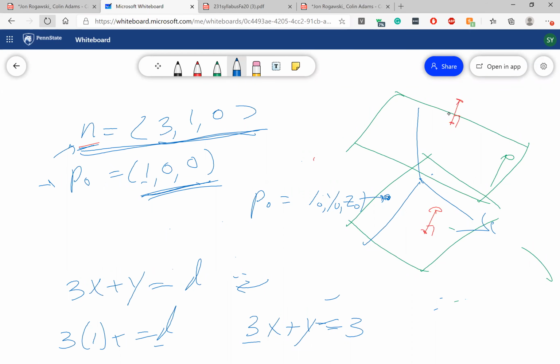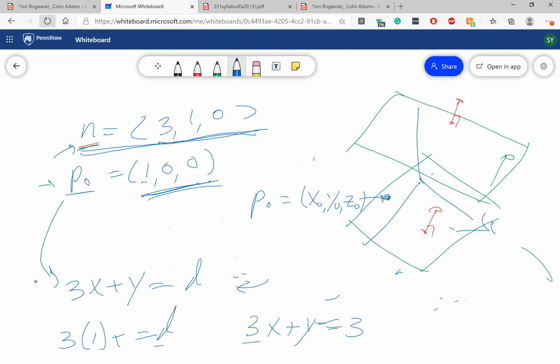Those are two pieces of information that you need. Otherwise, there are many different planes that might satisfy the conditions, so there might be a bunch of different answers. So you need a normal vector and you need a point. You take this point and you plug it into your plane, and you want to satisfy the condition that comes out of that.